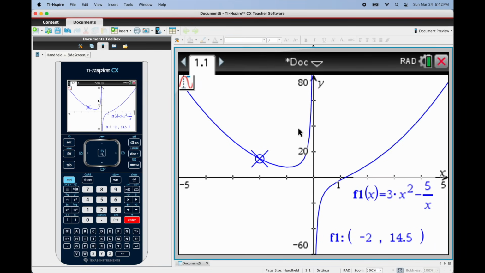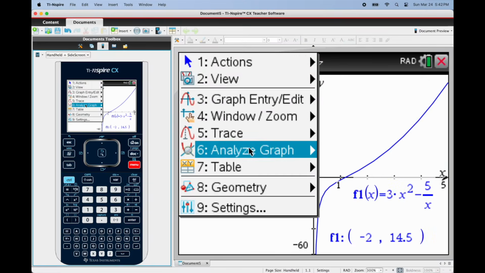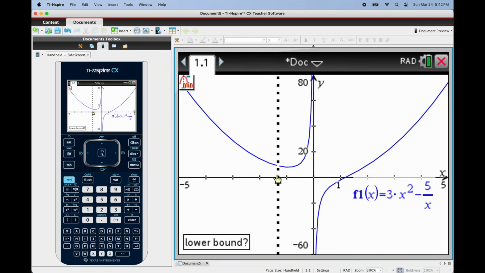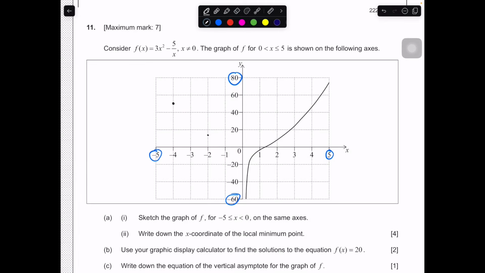Let's see where we're at when we're at -2, roughly 15. -2 is roughly here. And then it might not be a bad idea to find the minimum. So when we're about at -1, we're at about 8. Okay, so that looks okay, and I'm going to try to sweep this out as best I can. So here we are, and something like that. Okay, not terrible.